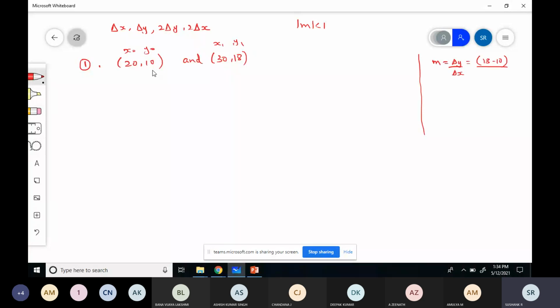So y1 minus y0, 18 minus 10, and x1 minus x0 is 30 minus 20. So it will be 8 by 10, which will be 0.8. So our slope m is 0.8. Any doubts so far?